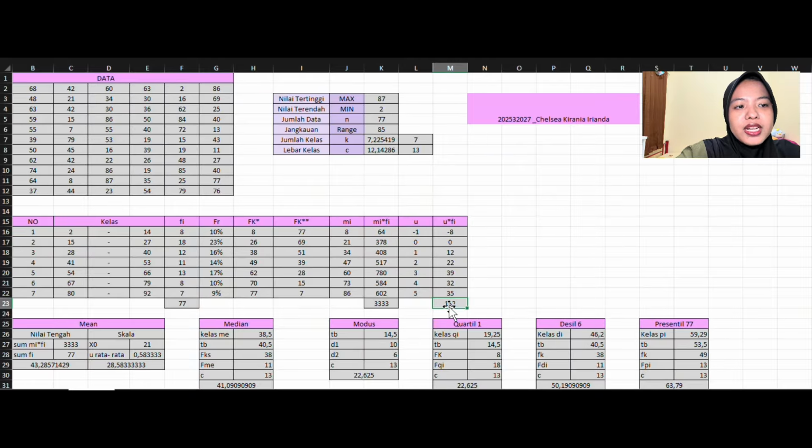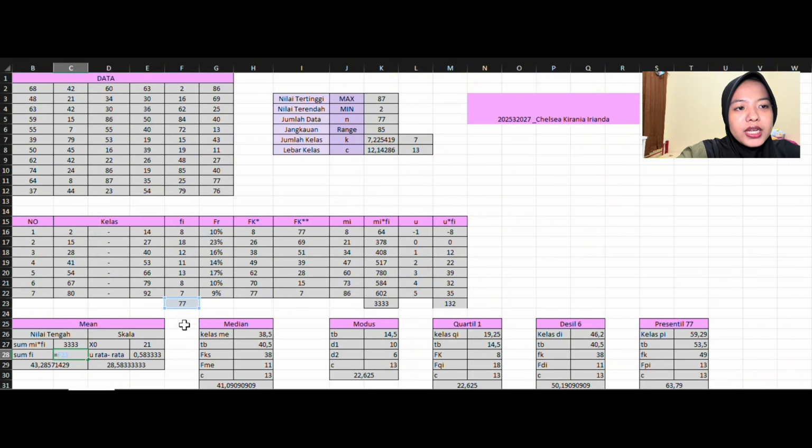Next, I calculated the mean or average using two methods, namely the main point method and the coding method. In the main point method, I used the formula of the total main point times frequency divided by the total frequency. From the calculation, the mean obtained was 14.329.